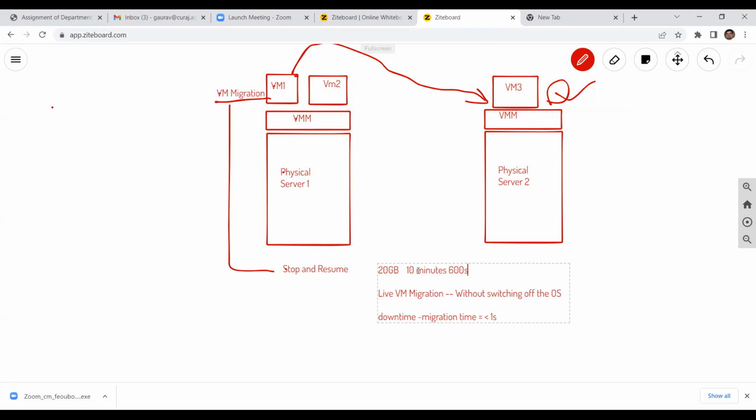Similarly, we may be able to do something for the VMs also, that if the amount of data changed exceeds a limit, then we will again do a backup. Okay. This is a fairly good idea. Anybody else? But would you be able to do this within less than 1 second?